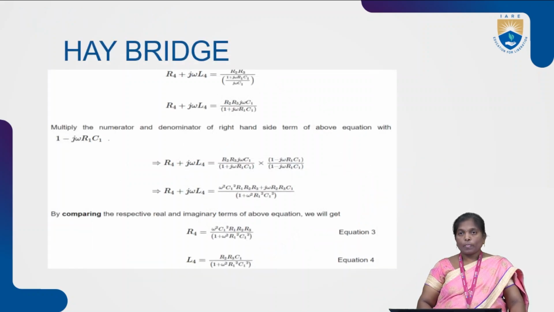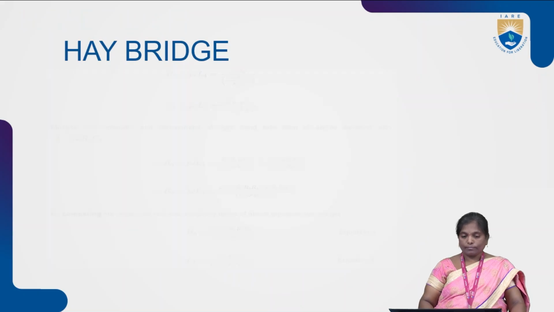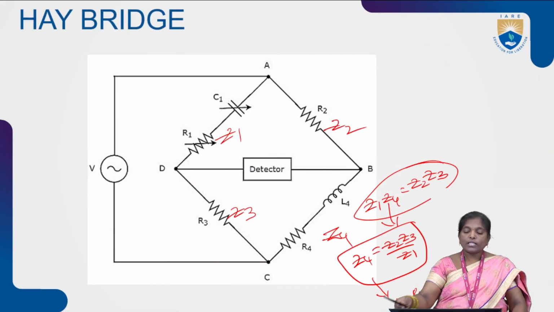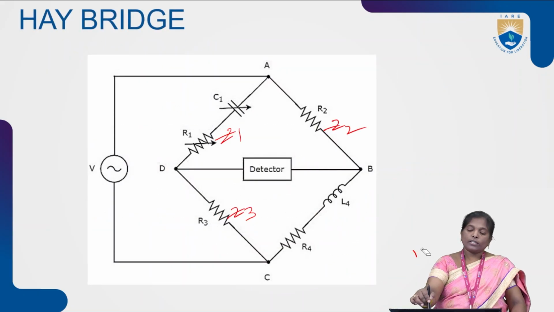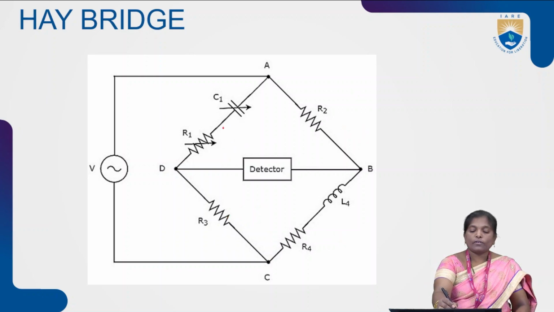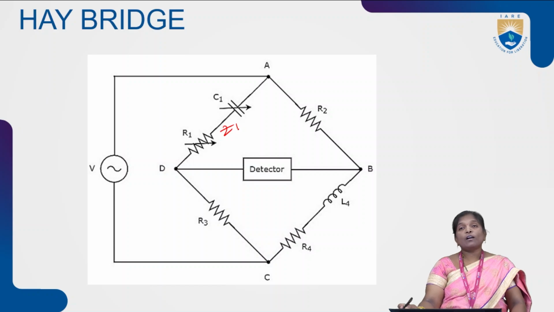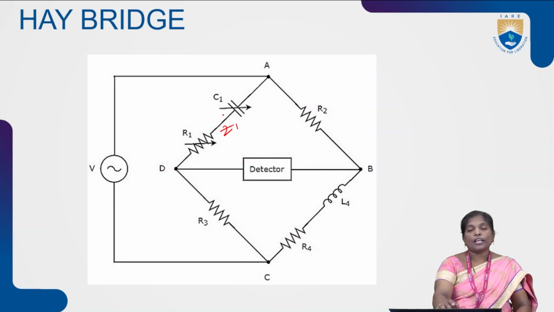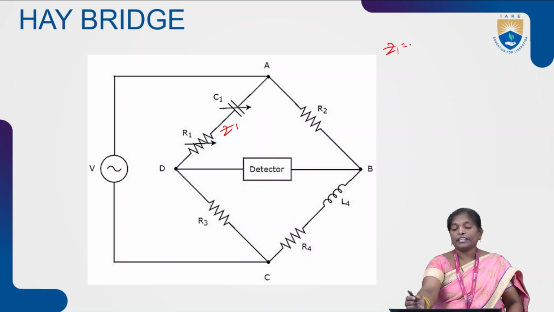Coming to the Hay bridge, the first arm consists of a series combination of resistance and capacitance, so that Z1 can be represented as R1 plus 1 by J omega C1.